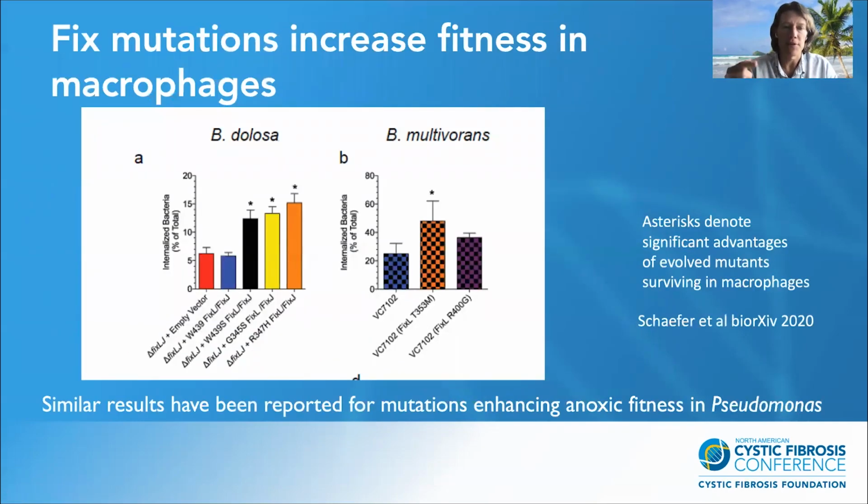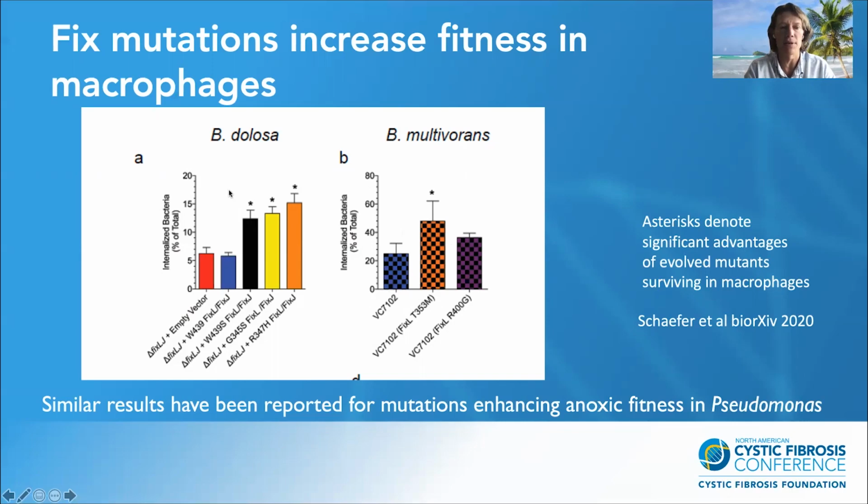So to test the hypothesis that these actually are associated with virulence, Matt Schaefer engineered these mutations into a common genetic background of clinical isolates and found for two species, dolosa and multivorans, that the evolved mutations were associated with increased fitness in macrophage and also an array of increased virulence.